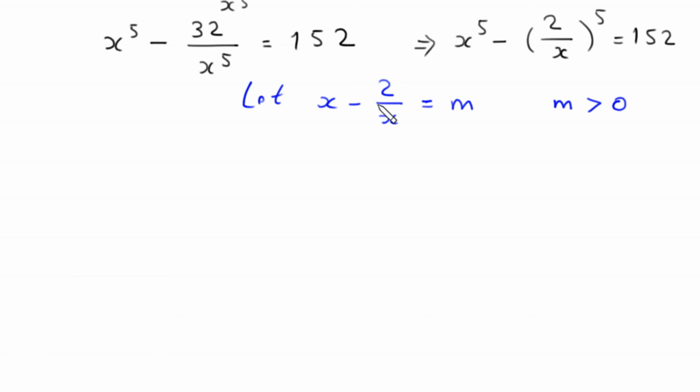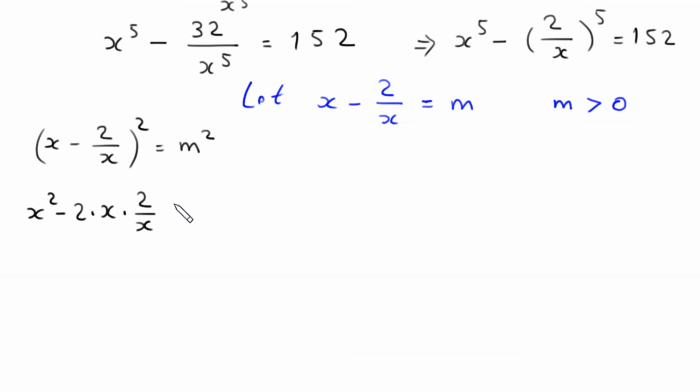Now we take square of both sides of this equation. This will become (x minus 2 over x) whole squared is equal to m squared. This will become x squared minus 2 times x times 2 over x plus (2 over x) whole squared is equal to m squared.